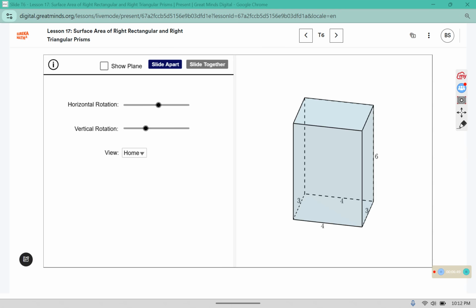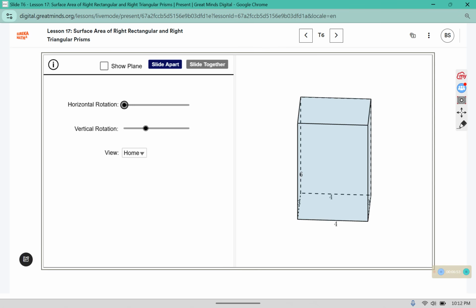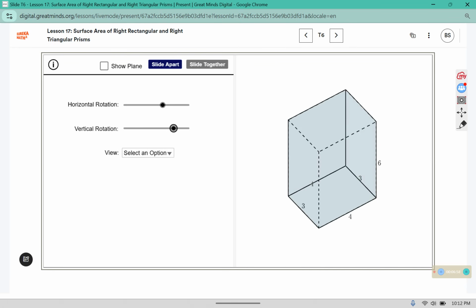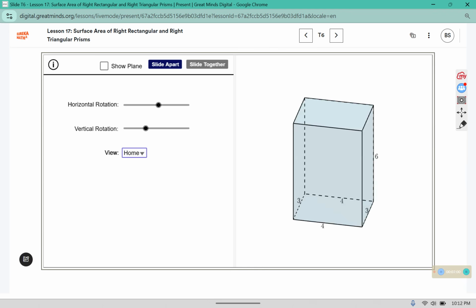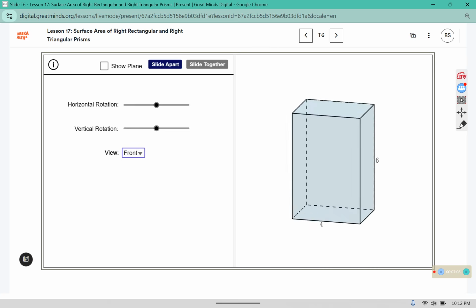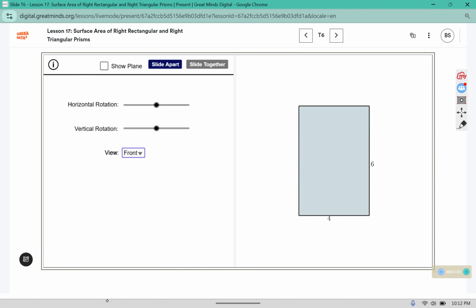Here we have a right rectangular prism, and we can turn it around to check out different aspects of it. From the top-down view, we can see that the top has dimensions of 3 by 4. The front has dimensions of 4 by 6.